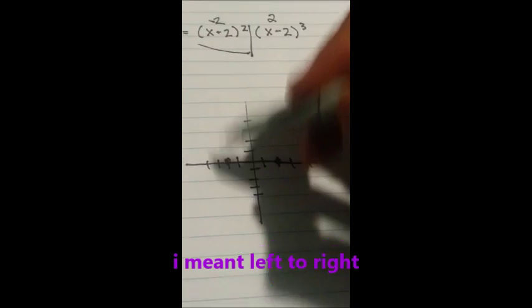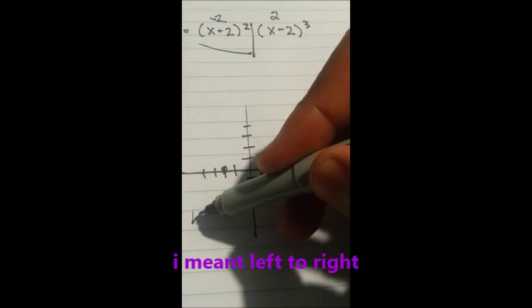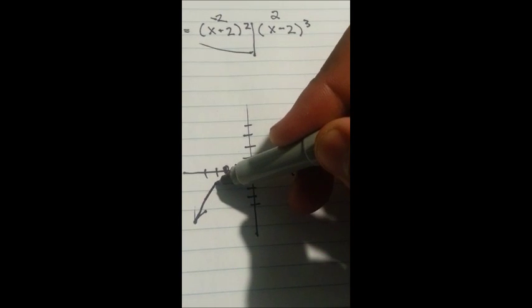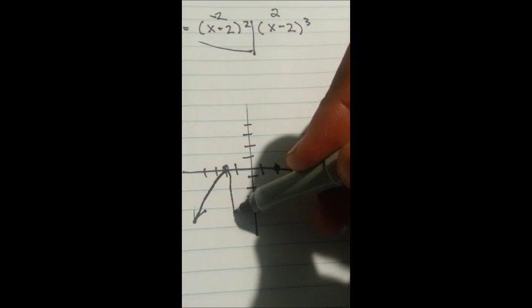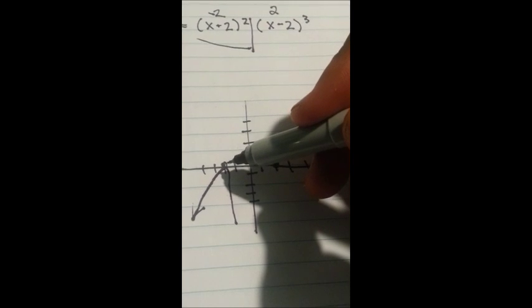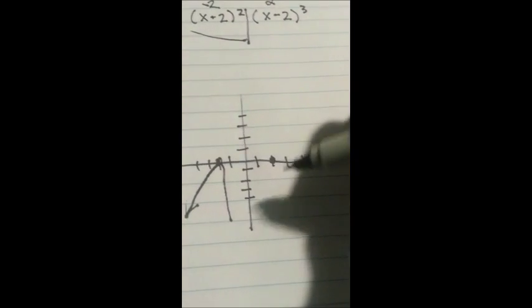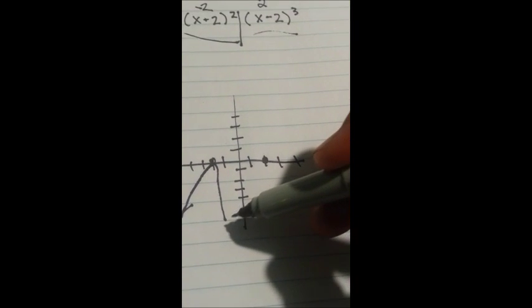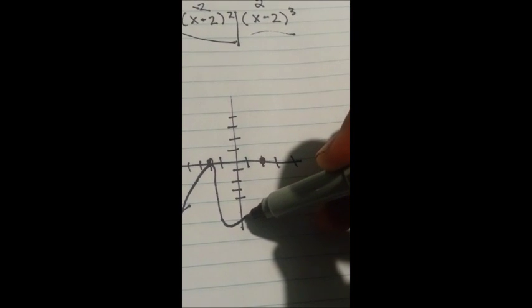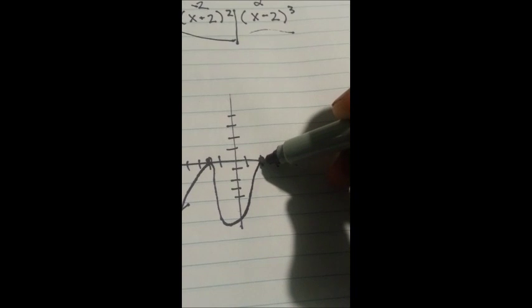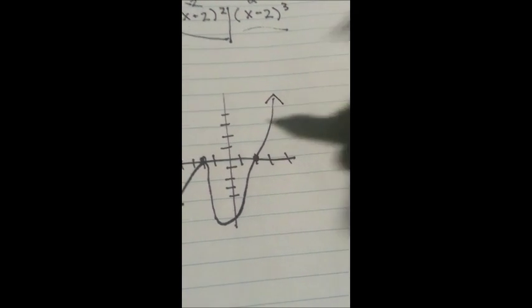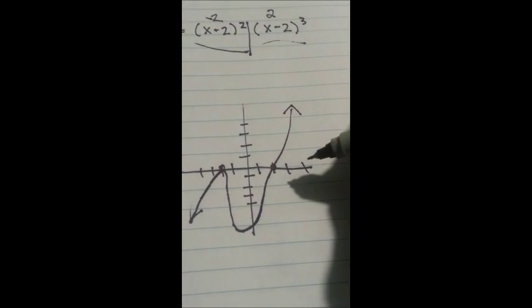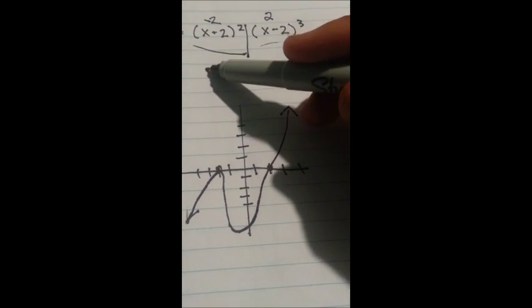So because this is tangent, go up like this, come down, because it shouldn't cross the x-axis. And then because this is a cubic function, we're going to make it look like a cubic. So like that. And that is how you graph this kind of equation.